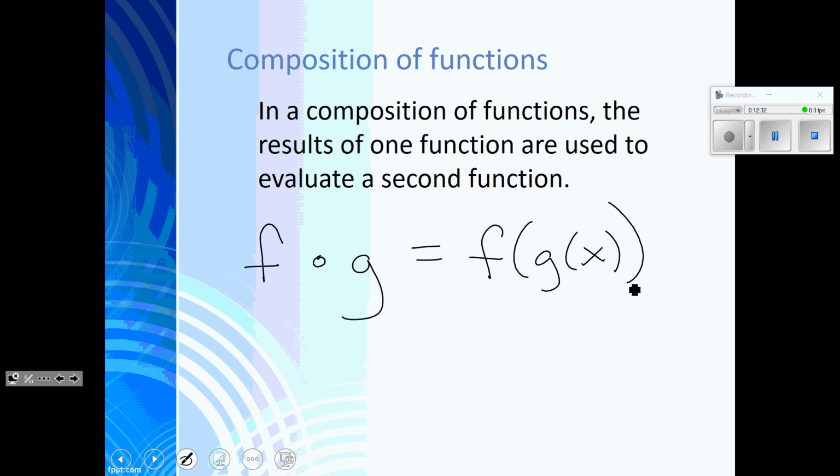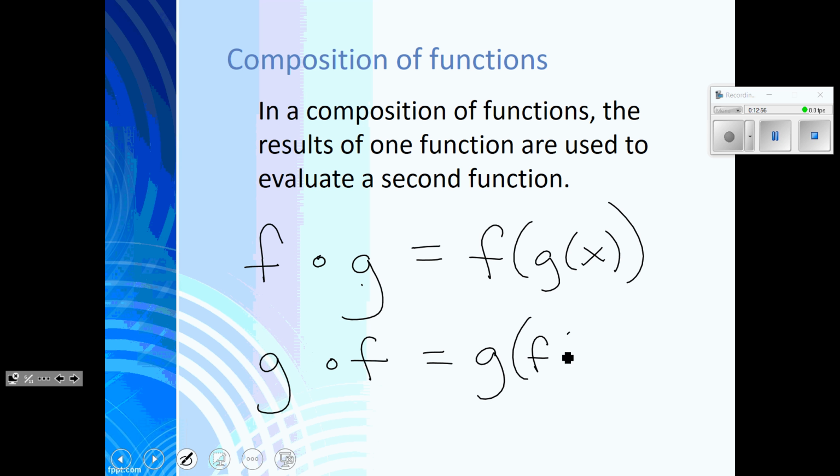That's the way I like to write it, f at g at x. These are the same thing. f at g means evaluate the function f when you're using g as the input. And we'll talk about that when we get back. And you can reverse that. g at f would be the same thing as what?